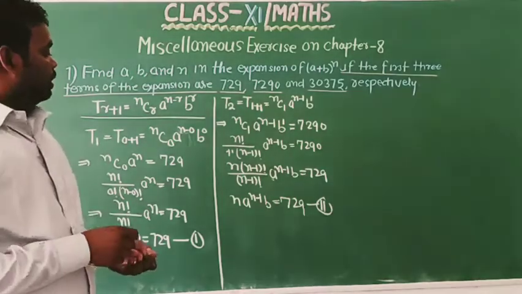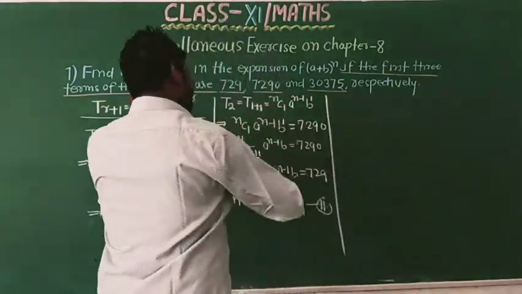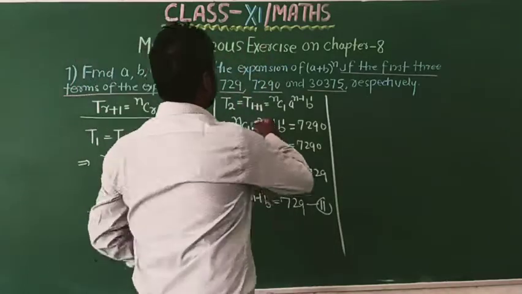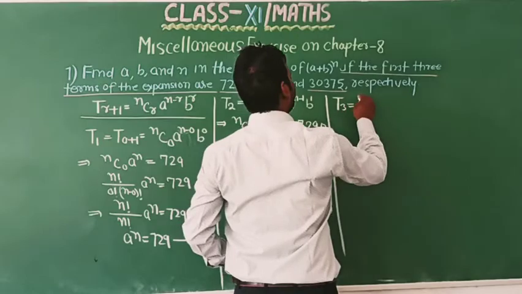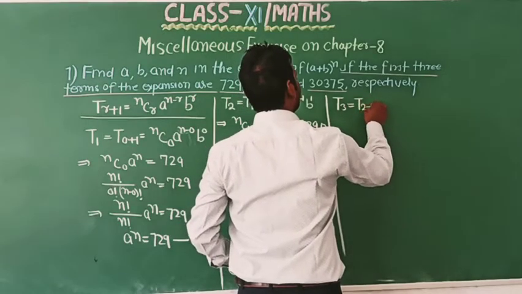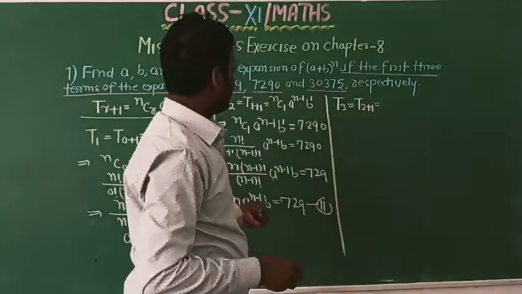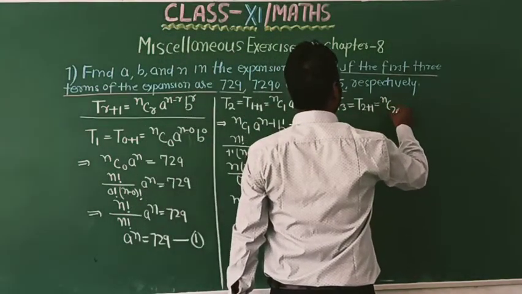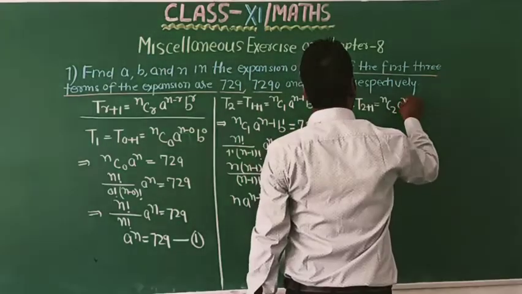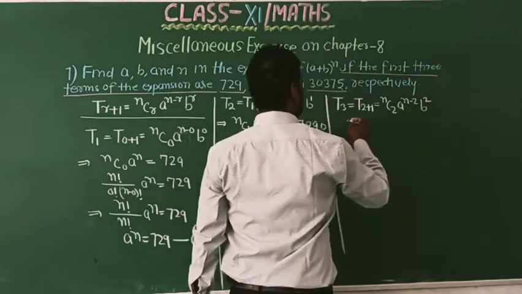And similarly find the third term T3. So T3 can be written as T(2+1) equal to nC2 a to the power n minus 2 and b to the power 2.